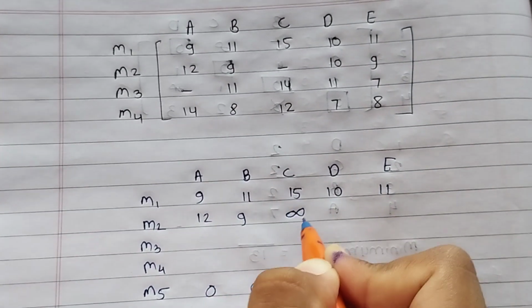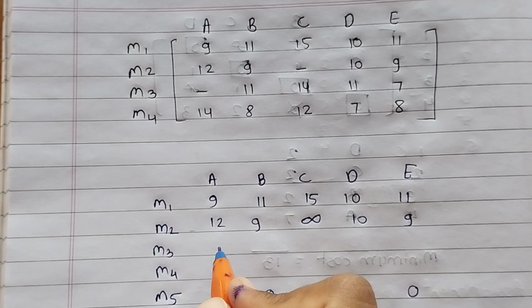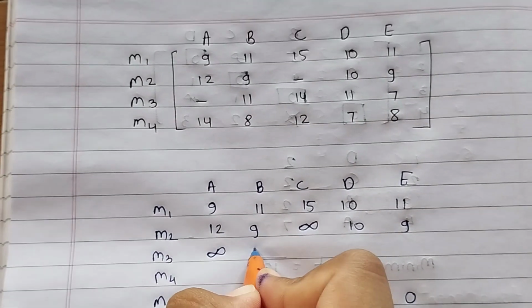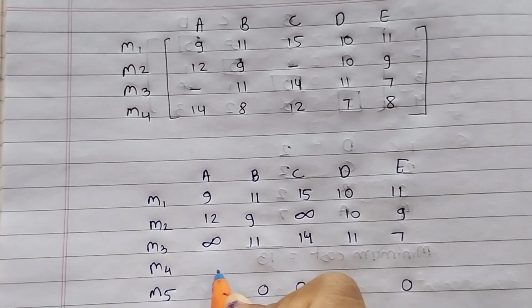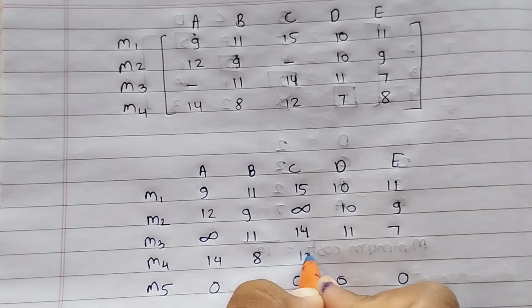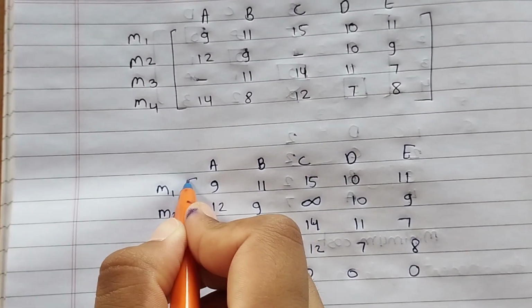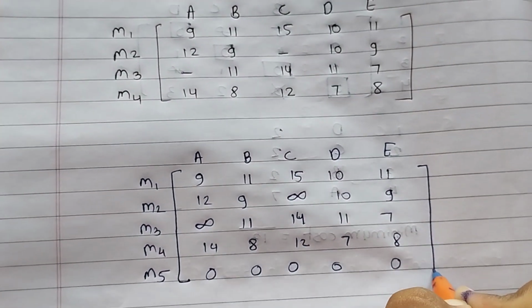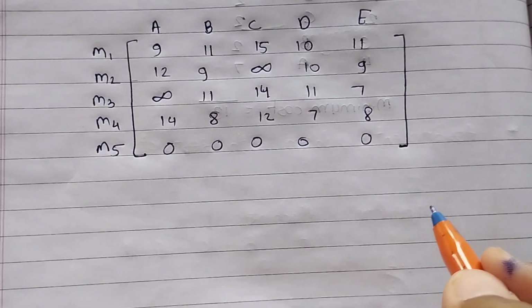Here is the infinity. Again here is the restriction, so we write infinity here. Our original cost matrix. Now the remaining steps are all the same.